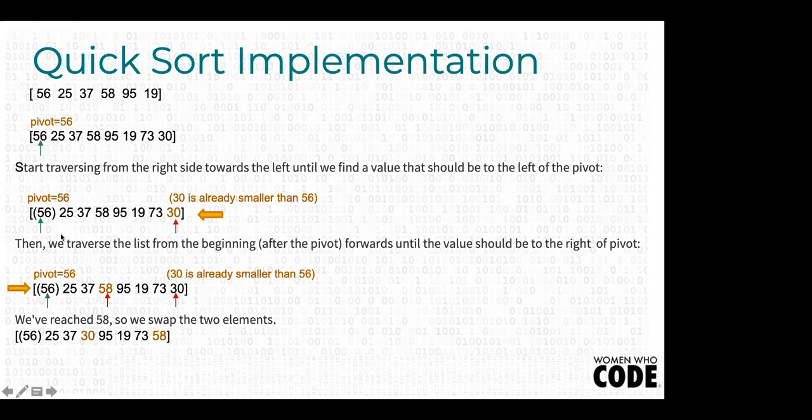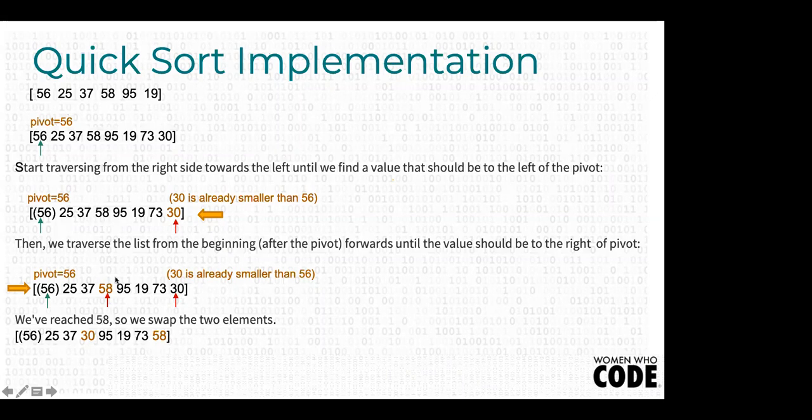The next step is to traverse the list from the beginning until you find the element that should be towards the right of the pivot, greater than the pivot. So keep checking 25, 37, and you see 58.